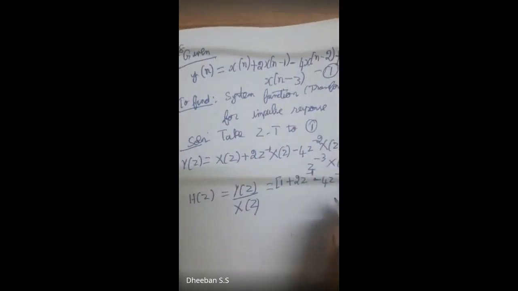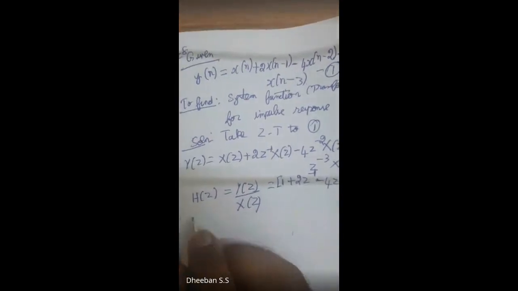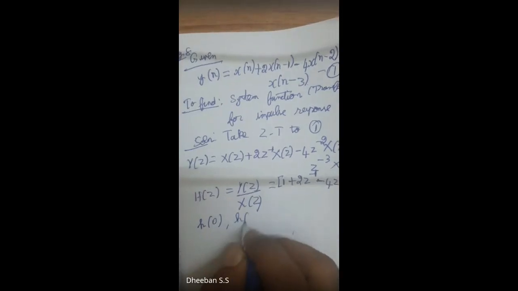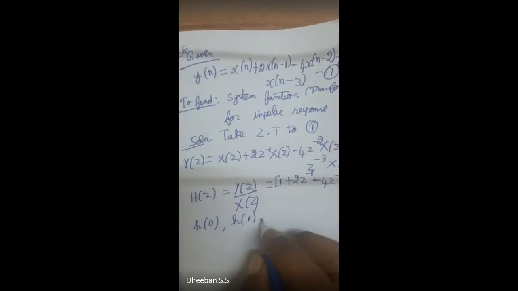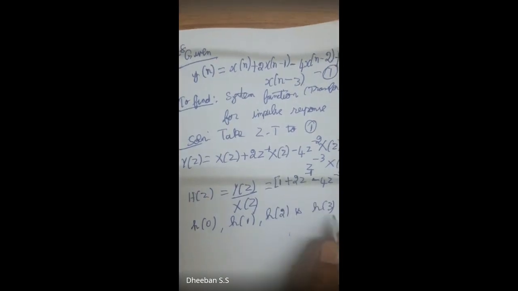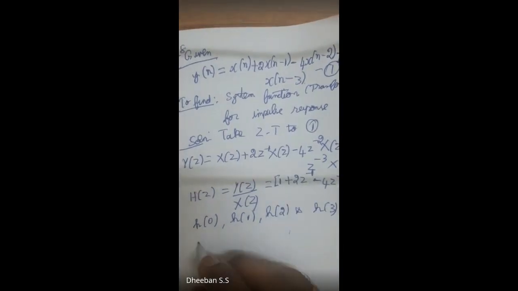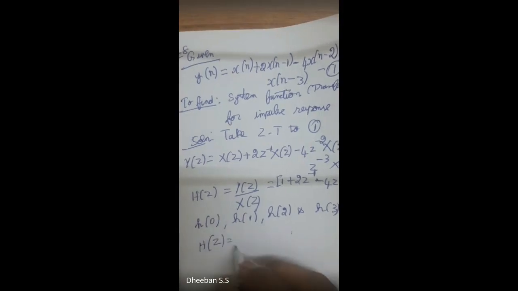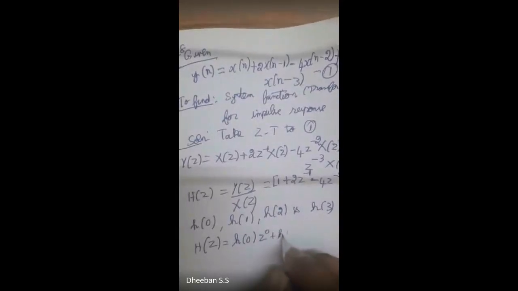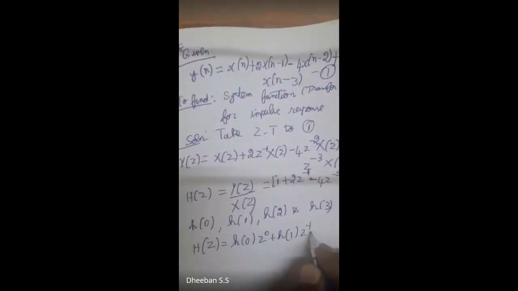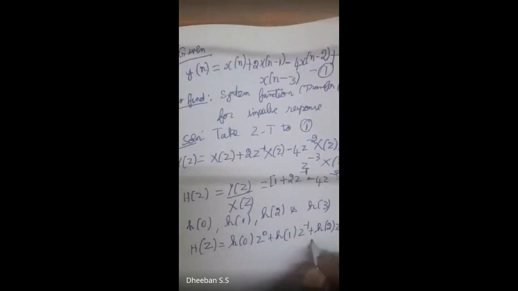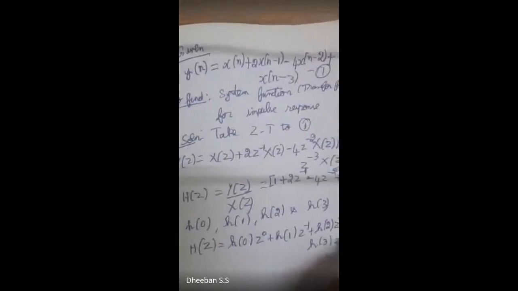So from this, they're saying find h of 0, h of 1, h of 2, and h of 3. What are these things? These are nothing but the samples. So h of z is equal to h of 0 into z power 0 plus h of 1 into z power minus 1 plus h of 2 z power minus 2 plus h of 3 into z power minus 3.